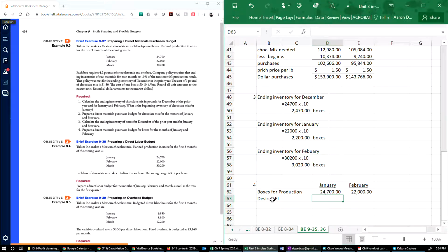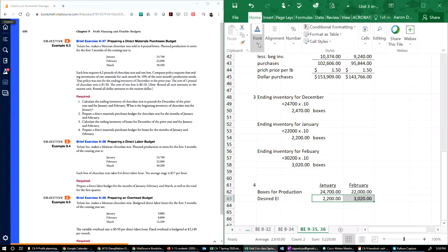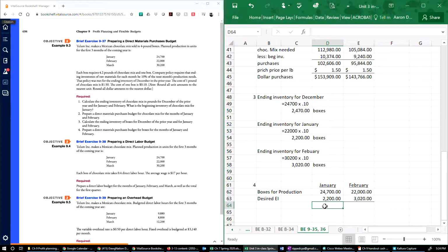So for January, 2,200, and for February, 3,020. So those are the boxes needed.